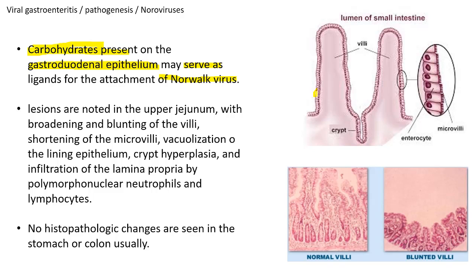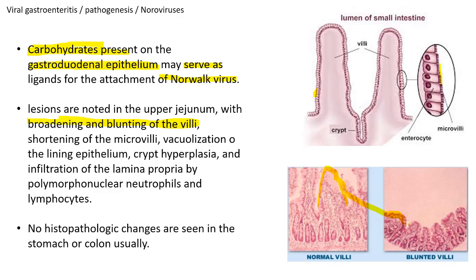So the virus starts by attaching to the epithelium and then gets internalized and causes the cytopathic effects. And what sort of cytopathic effects does norovirus cause? It will cause broadening and blunting of the villi. So those villi, as we can see here, here are normal villi, they become shorter, more blunted, not as pointy as here. And also the small microvilli will become shortened.